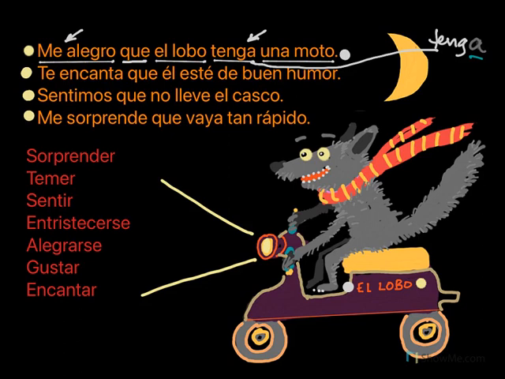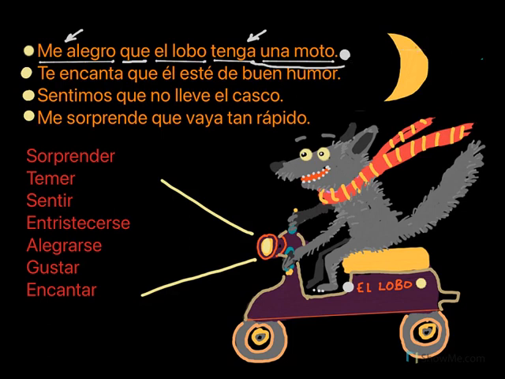Next one is, me sorprende que vaya tan rápido. It surprises me, one person, que vaya, él, he. You have que, and you have the trigger, me sorprende. So it surprises me that he goes so fast. And again, it is the subjunctive. So these ones are the examples.